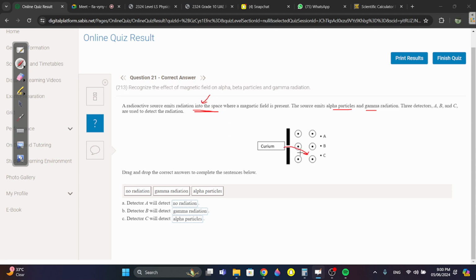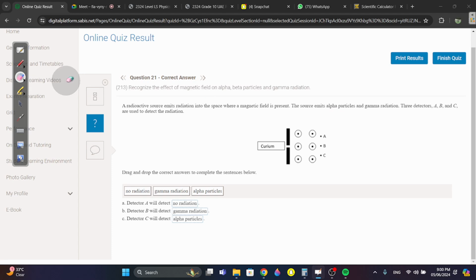I'm not 100% sure, but if there's someone in the comments who can figure this out, please write for me in the comments. As of right now, I'm recording this and I'm not sure what to do. Surely B will be gamma because gamma continues undeviated, and since there's no beta, in A there will be nothing detected. But I'm not really sure why alpha goes down in this case. I will ask my physics teacher tomorrow. But for now, I think it's because they said into the space.